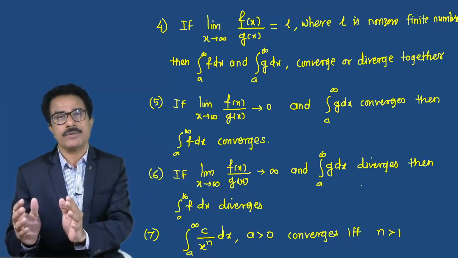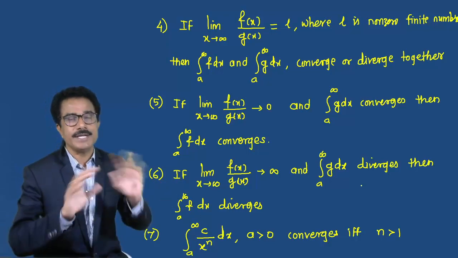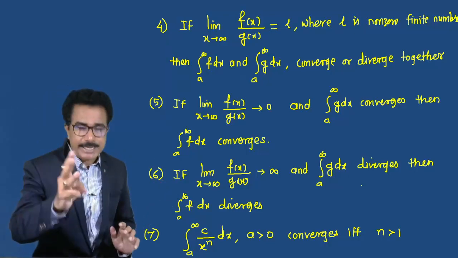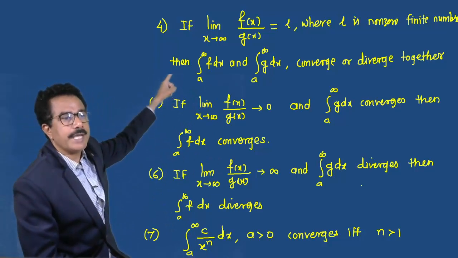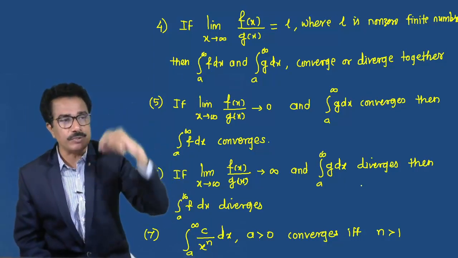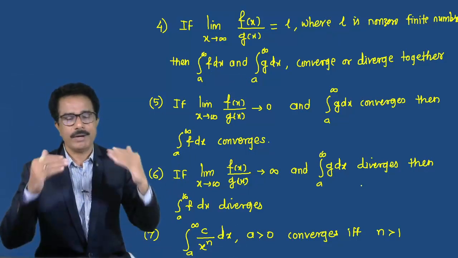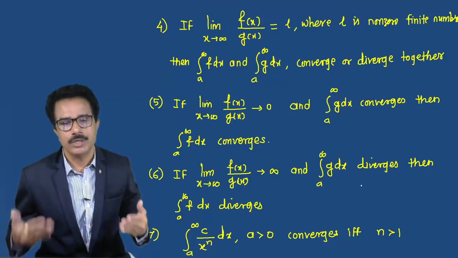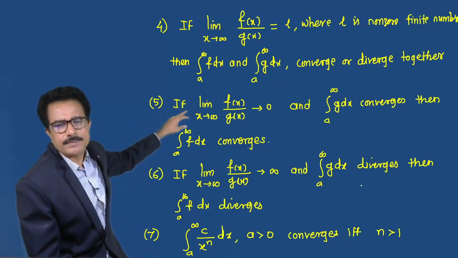If g of x converges, then f of x also converges. That means f and g behave the same way if the limit as x tends to infinity of f of x divided by g of x is equal to L. Students, is it correct?